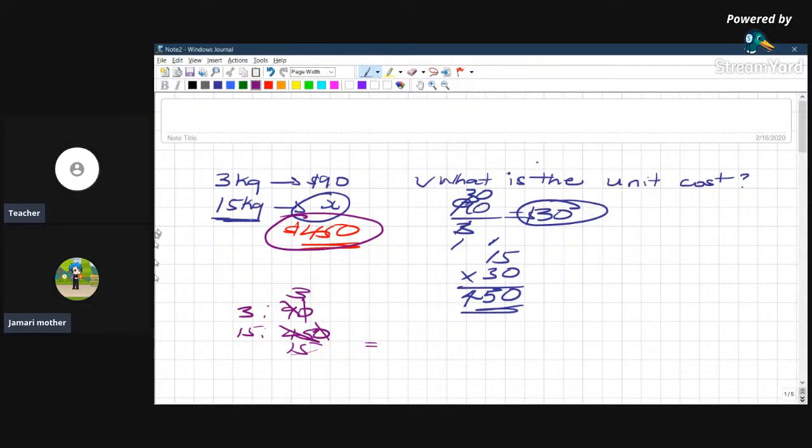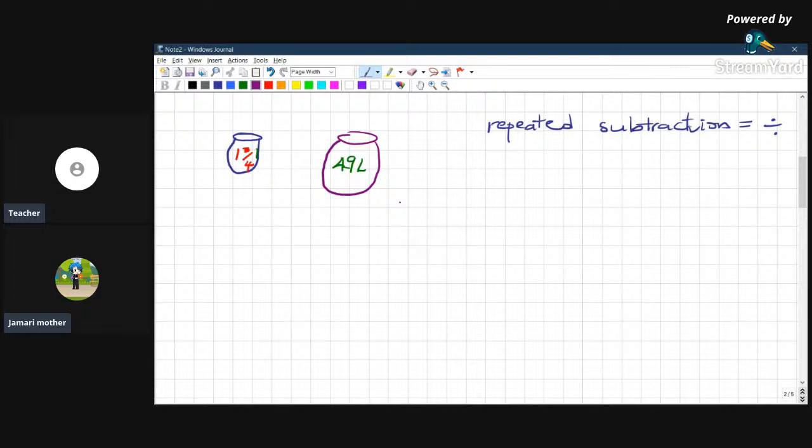Okay, so let's move now to the next item. So next page. This one says a container holds 1 3/4 liters of water. How many containers can be filled from 49 liters of water?